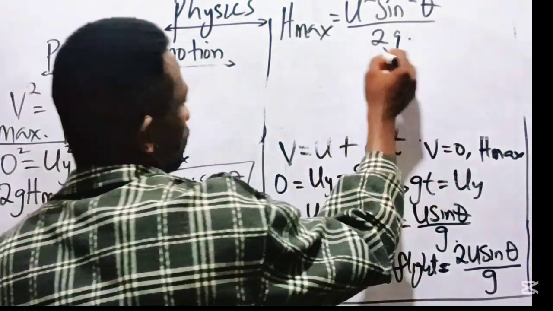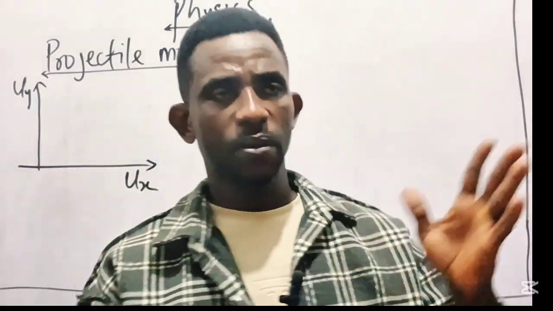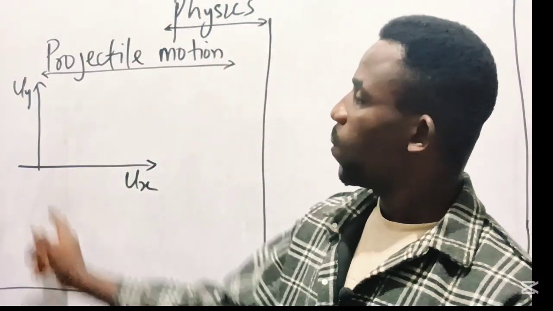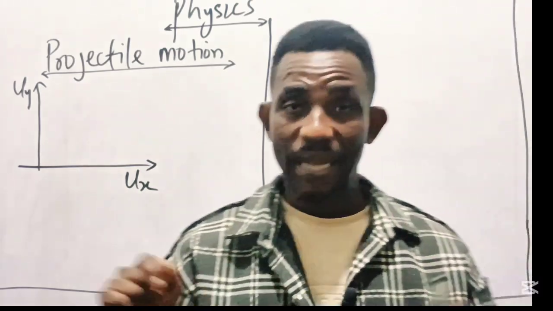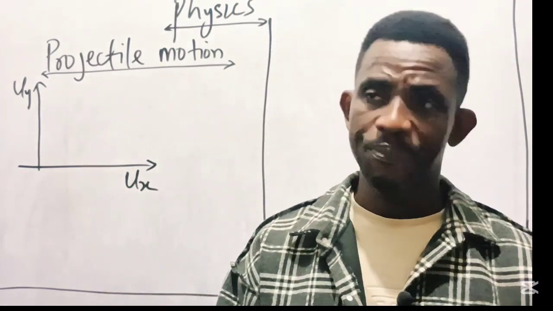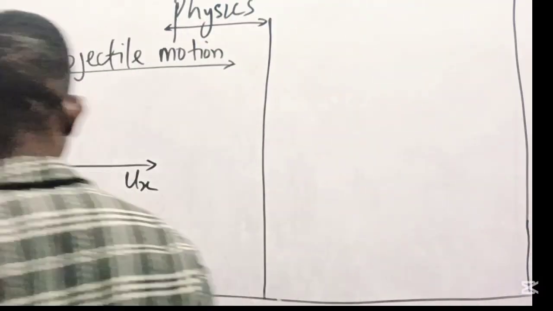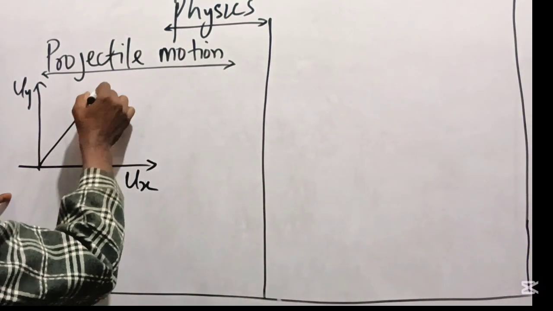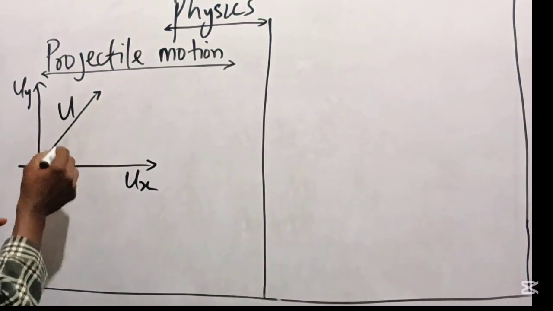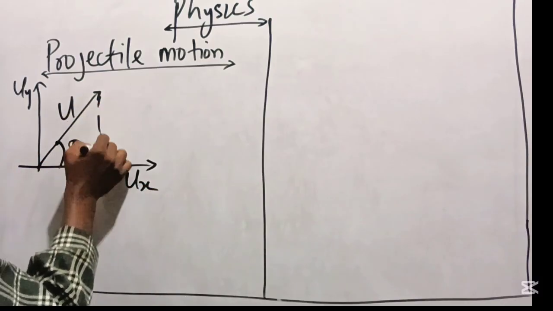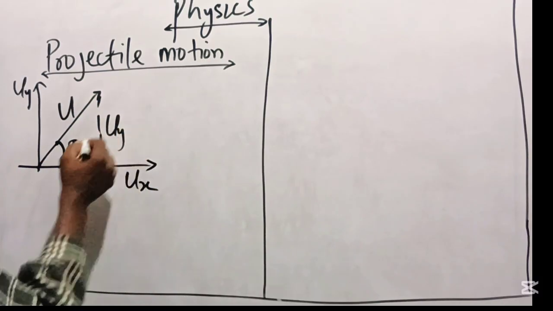Now we can move to the next stage. The two components of motion on a projectile body are along the y-axis and along the x-axis, that is, vertical and horizontal components. These are the two motions that take place in projectile motion. So we need to resolve u into x-axis and y-axis using SOHCAHTOA.